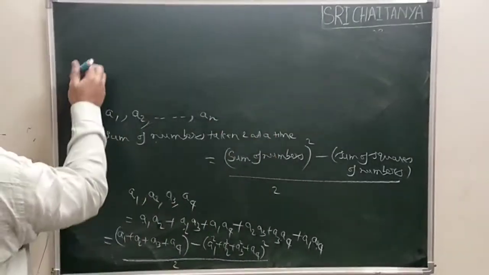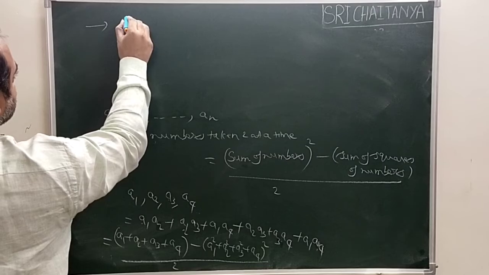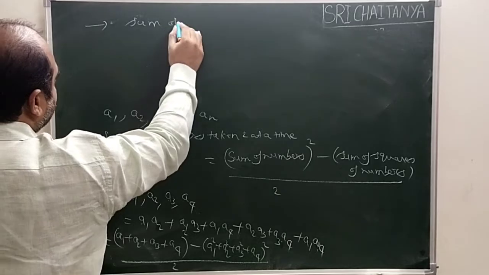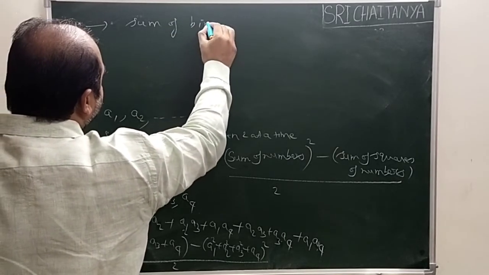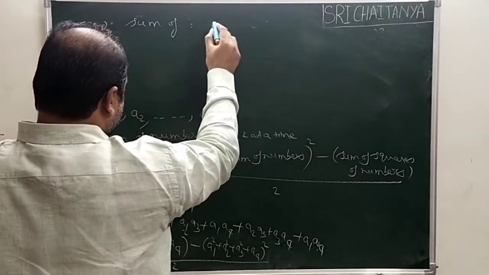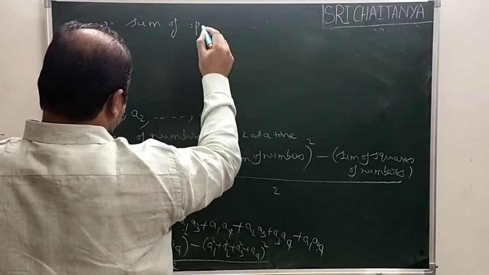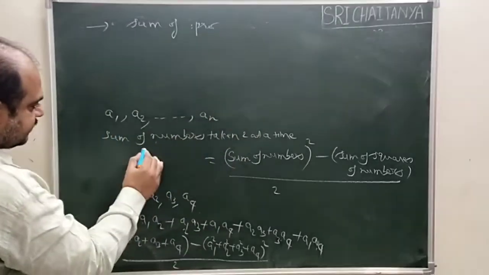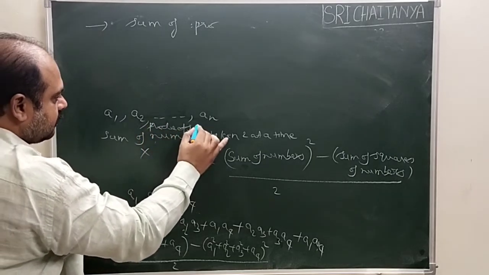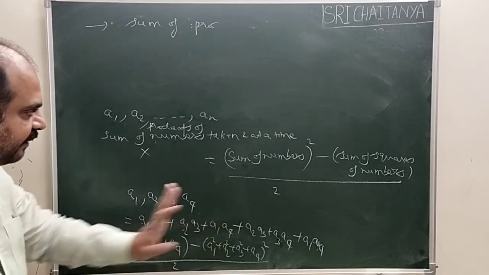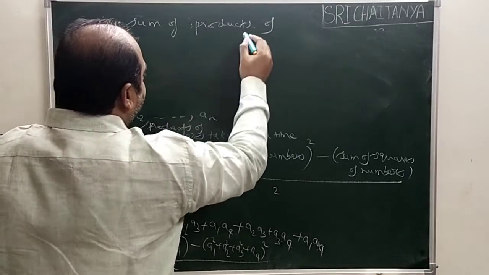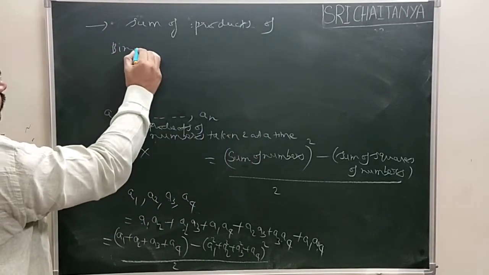Next one is a very important one. Sum of products of binomial coefficients taken 2 at a time.